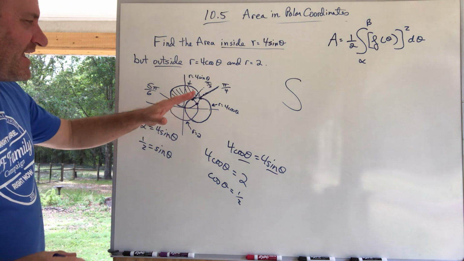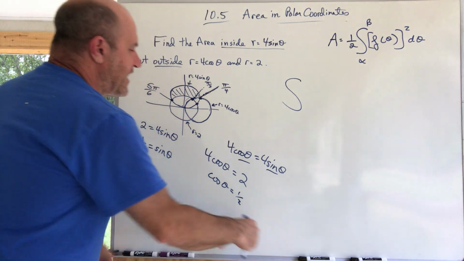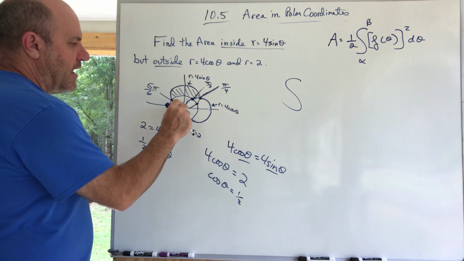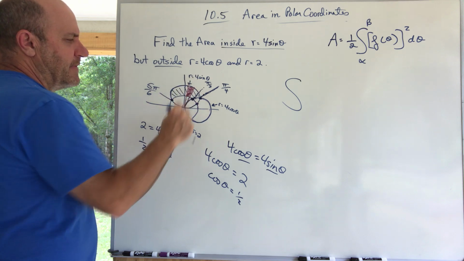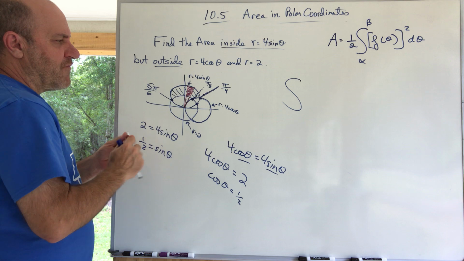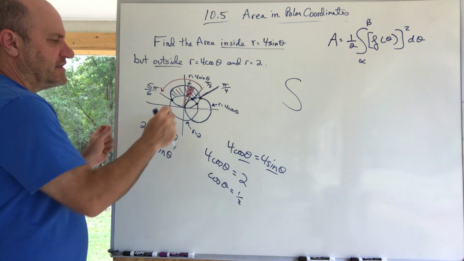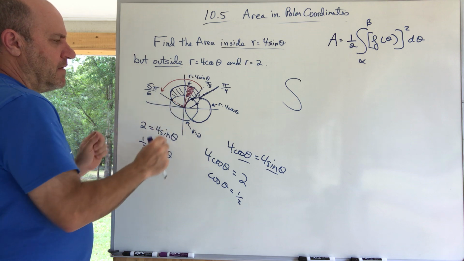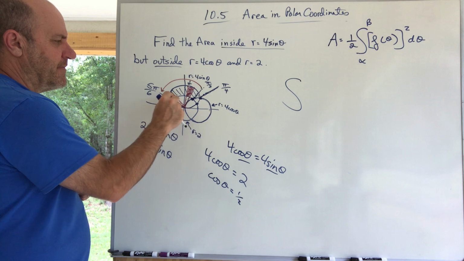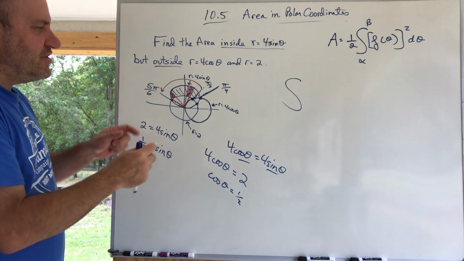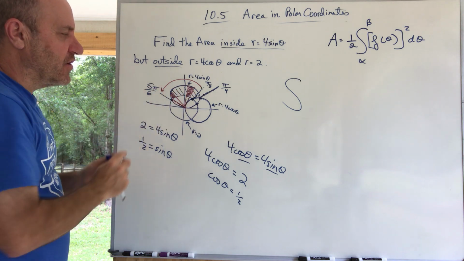I think I can get a big chunk of this. I can sweep out sectors of area from the pole. I can go out here and get all this area from pi over 3 to 5 pi over 6. But I will have to do my outer function minus my inner function.